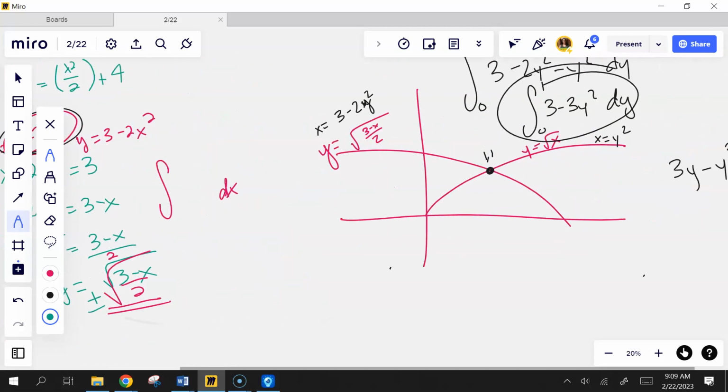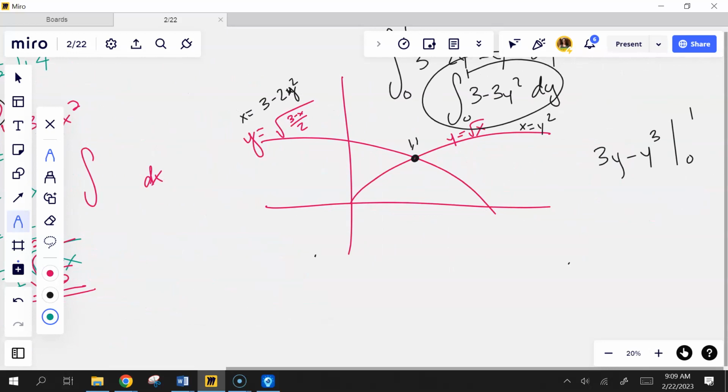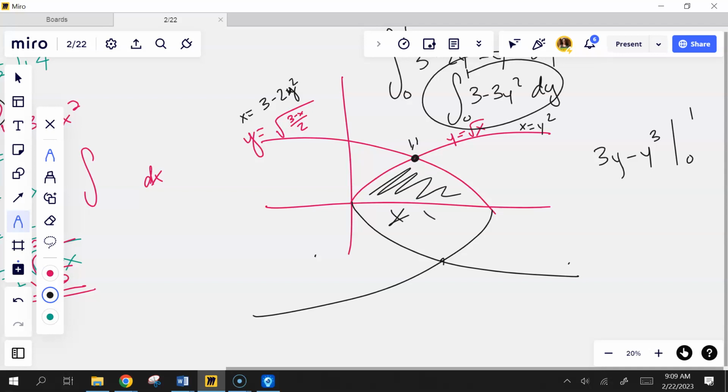Which means it's got a bottom part too. We just found this, but there's actually all of this also. So we have to double it. That's exactly why. That's the problem with taking square roots, right? You got to take the positive and the negative.